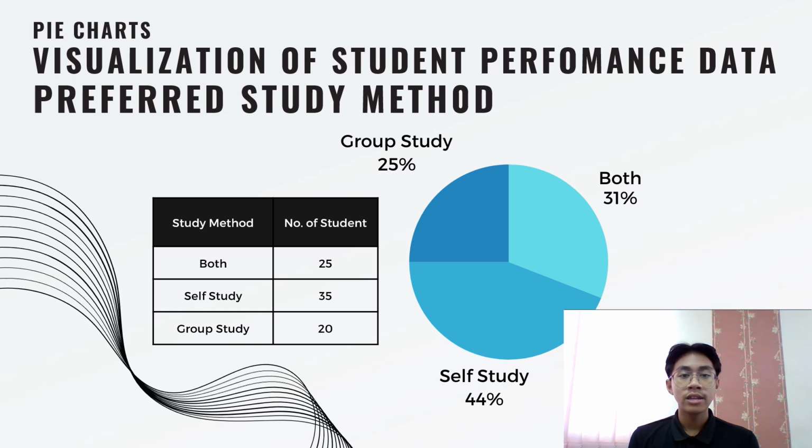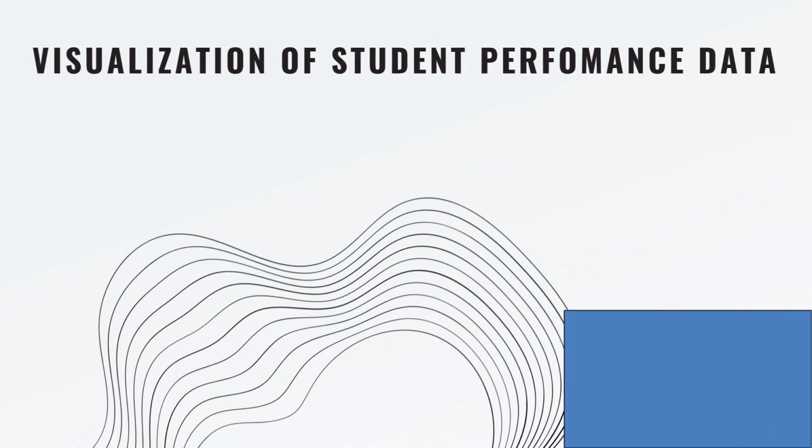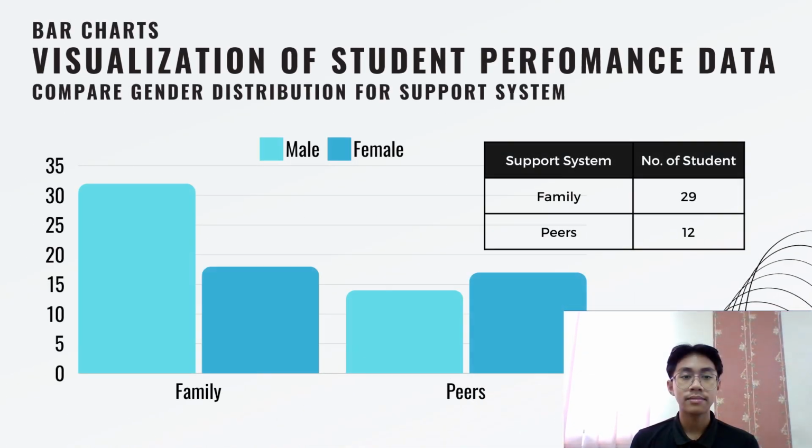It provides a clear representation of whether students prefer self-study, group study, or using digital resources. This bar chart compares gender distribution in terms of support system used by students. It helps identify how support systems may vary between male and female students.